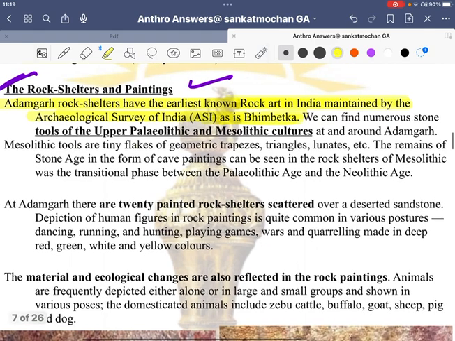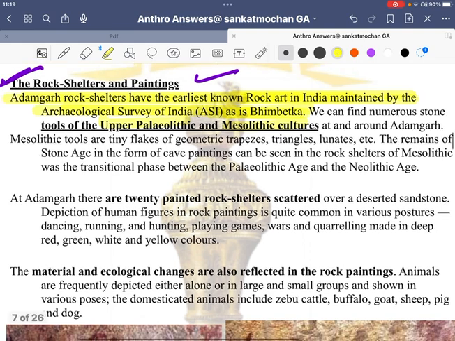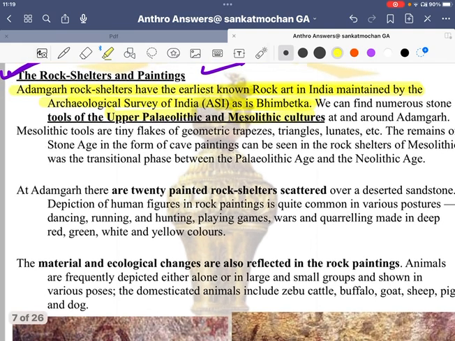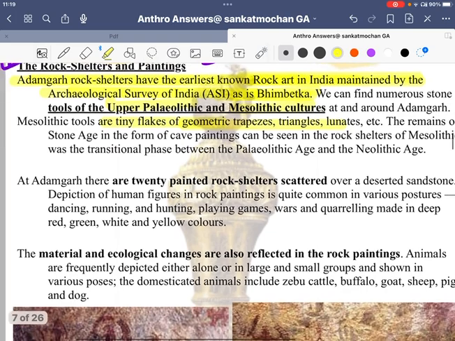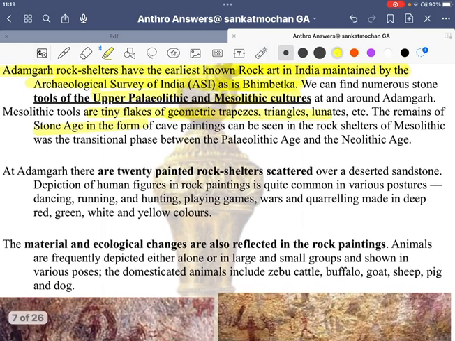We can find numerous stone tools of the Upper Paleolithic and Mesolithic period. See, Upper Paleolithic and Mesolithic also. At around Adamgarh, Mesolithic tools are tiny flakes of geometric triangles or different shapes. Their remains, the remains of the Stone Age, a form of carved painting, can be seen in the rock shelters of Mesolithic, which was the transitional phase between Paleolithic and Neolithic.